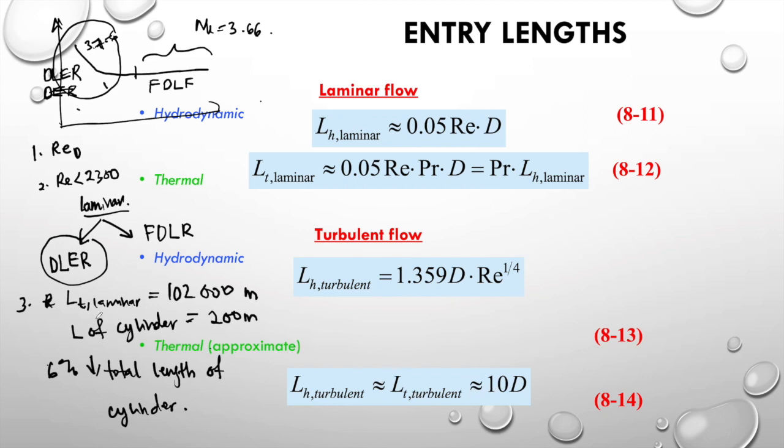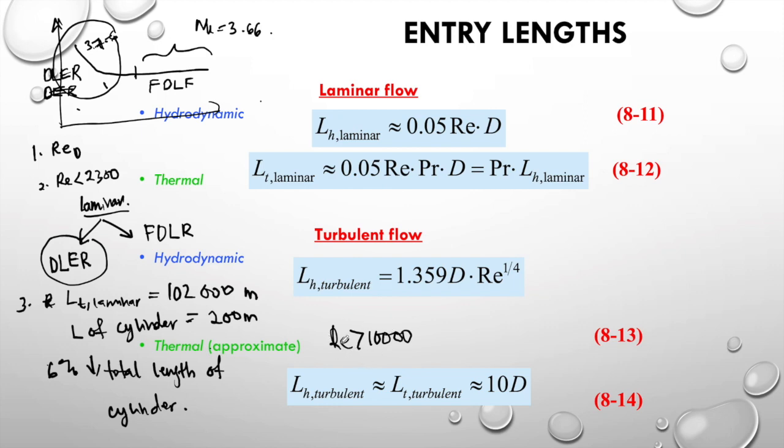If the length of the cylinder is much greater, meaning the thermal entry region of that flow is much smaller than the total length of your cylinder, you can assume that your flow is fully developed turbulent flow. Understand? Fully developed turbulent flow, where your Reynolds number is greater than 10,000.